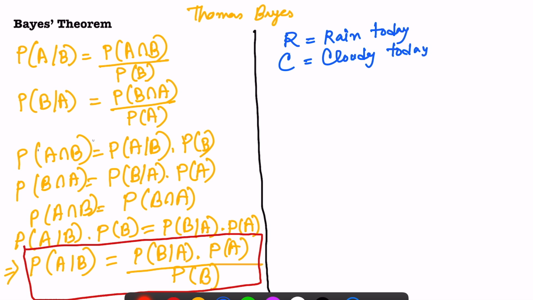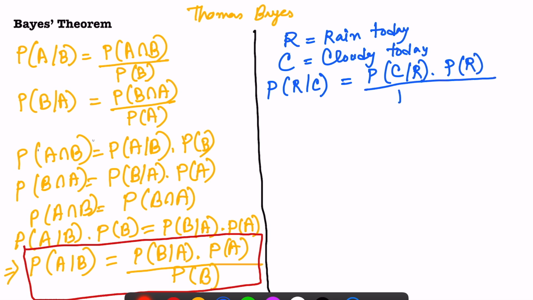If we want to calculate the probability of R given C, that is, if today is cloudy, what's the probability that it will rain today? We can calculate that from the probability of cloudy given rain multiplied by the probability of rain divided by the probability of cloudy. And why is this useful here?